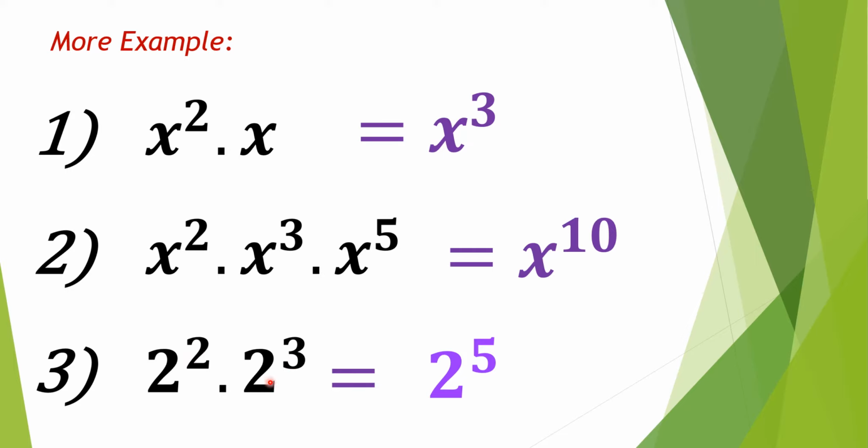Okay, ang base naman nila ngayon is a number, that is the number 2. So, copy the base 2 and then add the exponent 2 plus 3. So, that is 5. But since ang kanyang base dito is a number, pwede pa rin niyang masimplify. 2 raised to 5, meaning, imo-multiply mo ng 5 beses si 2. Kaya, 2 raised to 5, ang final answer natin dito is equal to 32.